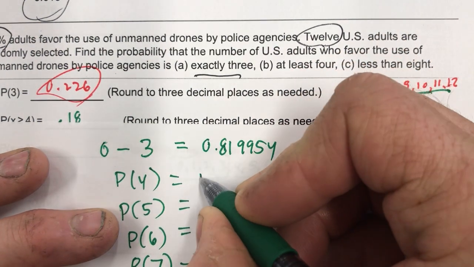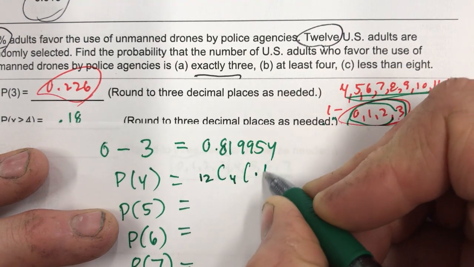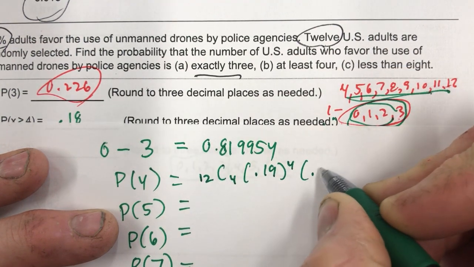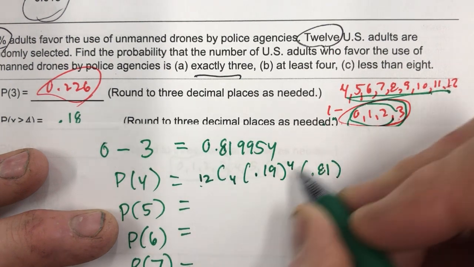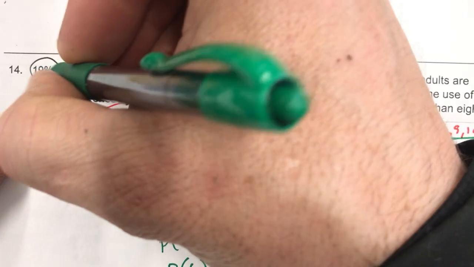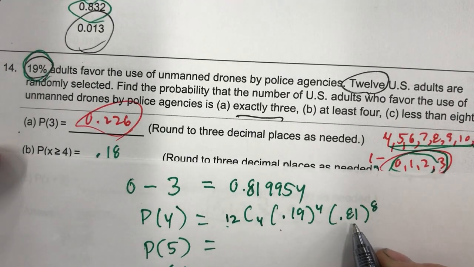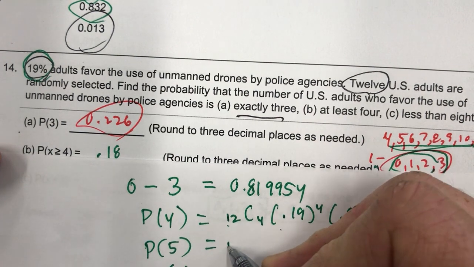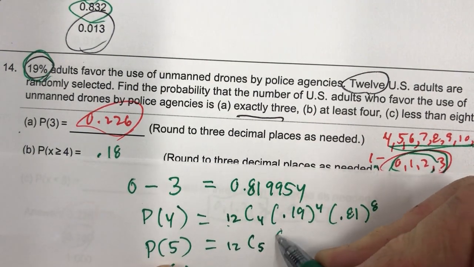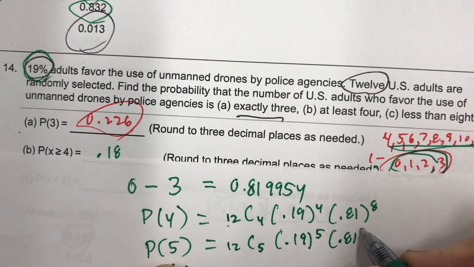So there's 12 people. We want 4. This is 0.19 to the 4, and this is 0.81 to the 12 minus 4, which is 8. Again, here's my P right there, 0.19, and then 1 minus that is my Q, which goes there. This is going to be 12C5, 0.19 to the 5, 0.81 to the 12 minus 5, which is 7.